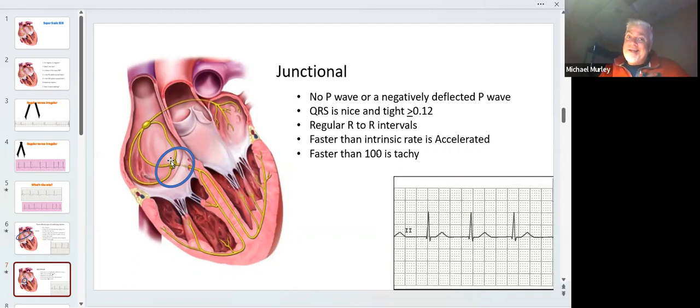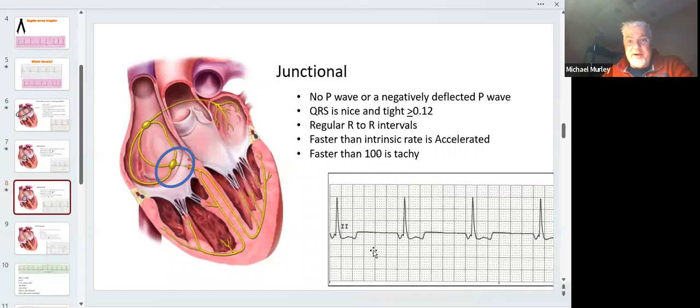Well, if you got one that's got negative deflected P waves, it's from the top end of the AV node, and those have parasympathetic receptor sites. So if you have some type of slow junctional rhythm and you want to run a bradydysrhythmia algorithm, the first thing is atropine. Well, atropine will work on those, but it won't work on this one.